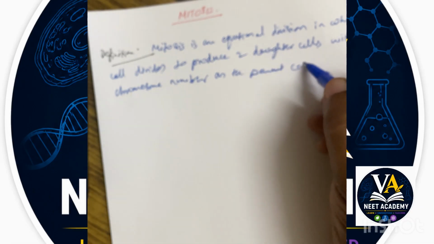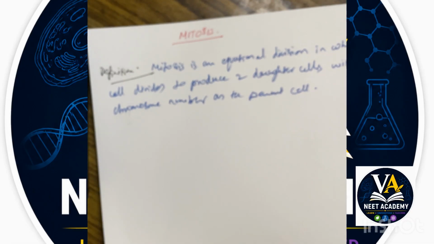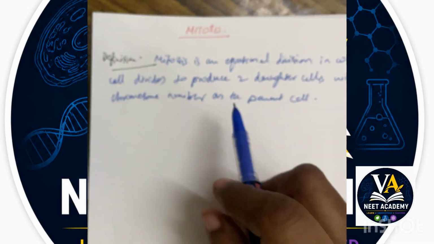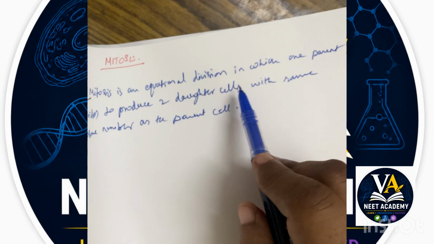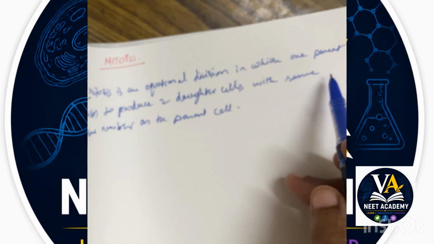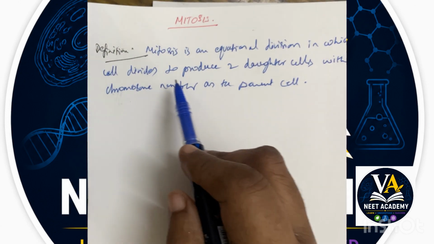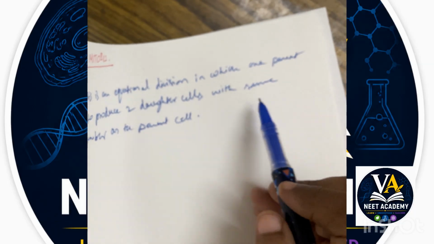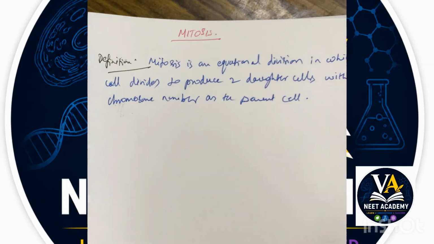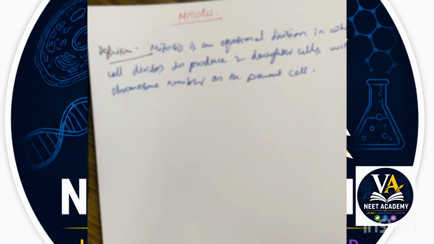So the definition is very clear, isn't it? What does it say? Mitosis is an equational division in which one parent cell divides into two daughter cells, and these two daughter cells have the same number of chromosomes as the parent cell.